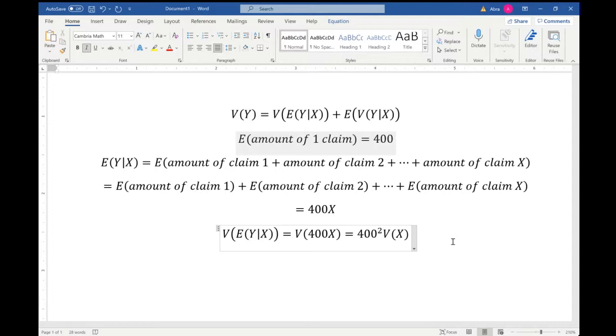And then we had that x was the number of claims. So x has a binomial distribution. So what's the variance of x? Variance, that's, let's see, 1,000 times 0.01 times 0.99, is that the formula?